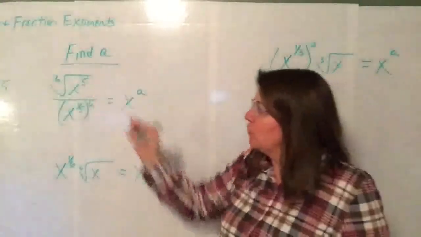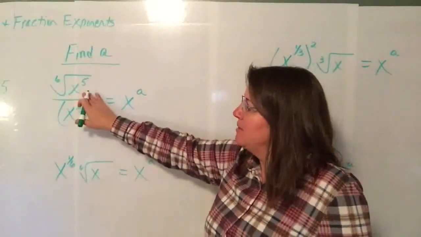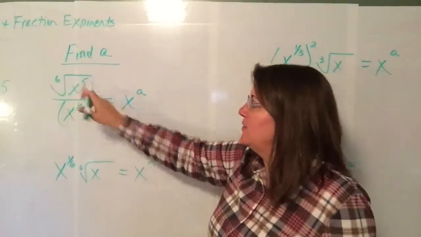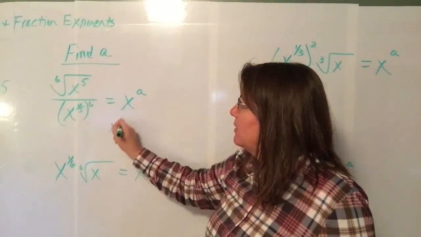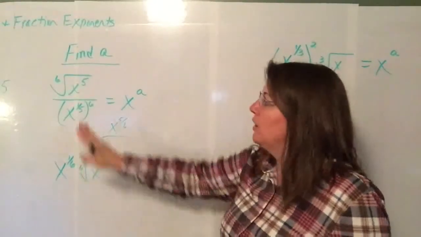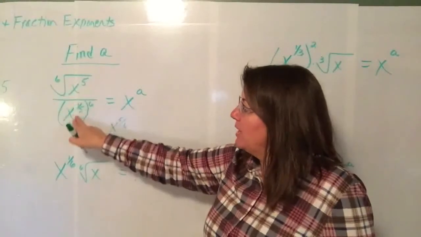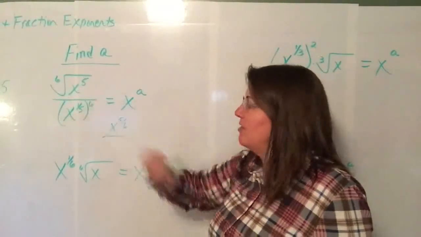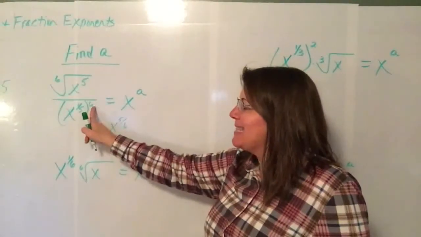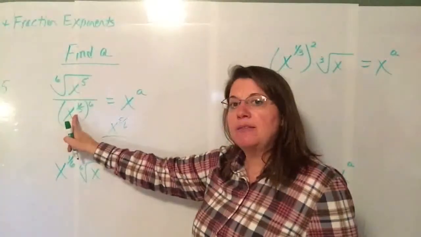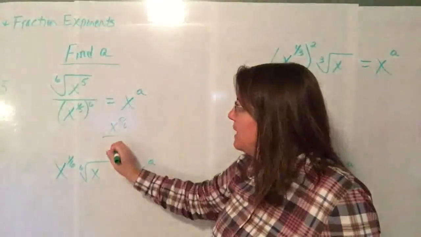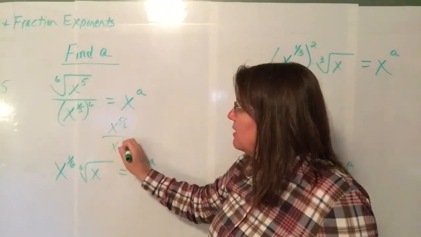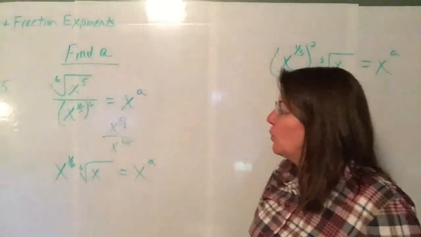So if you look at the first one, the 6th root of x to the 5th we can rewrite as x to the 5/6. That is over x to the 1/5 to the 6th power. Well, that 6 is on the outside of the parentheses, so we can multiply the exponents together. That would be x to the 6/5 if I do 6 times 1/5.